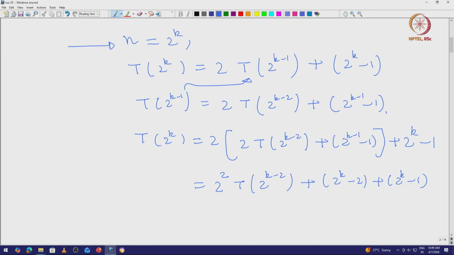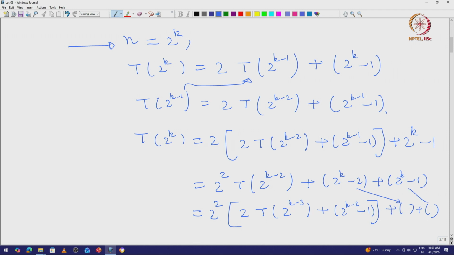One more term we will derive, and this is equal to 2 square. What is T of 2 power k minus 2? Substituting k minus 2 for k in the first equation, you get T of 2 power k minus 3 plus 2 power k minus 2 minus 1 plus these two terms. I am not repeating it.